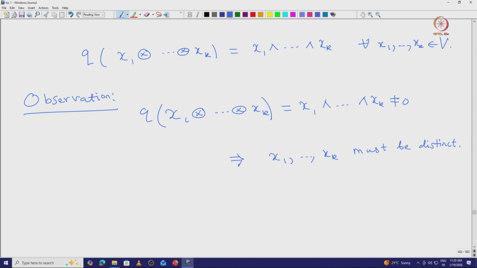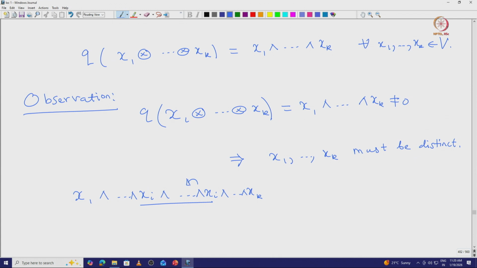If they are not distinct, let us say at least two of them are equal, and they appear at the ith and jth position, something like wedge xi, wedge etc. wedge xi. Then one can bring this xi closer to the other xi by switching.